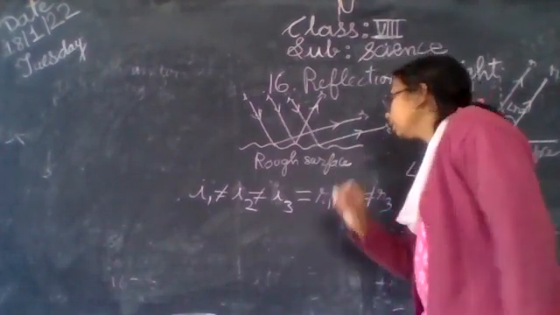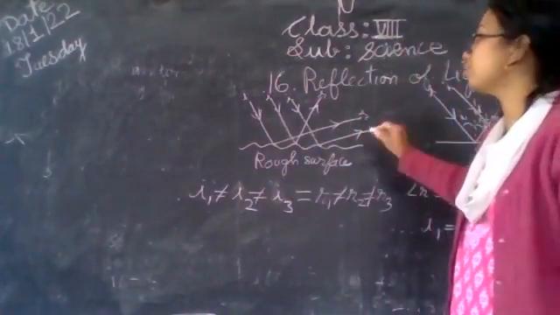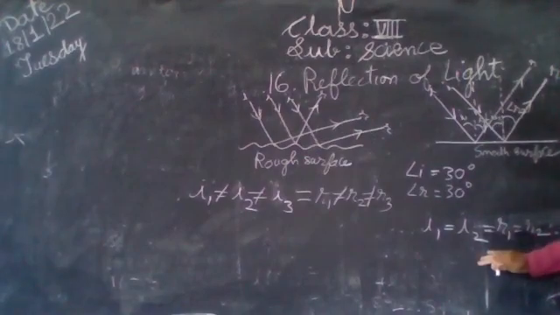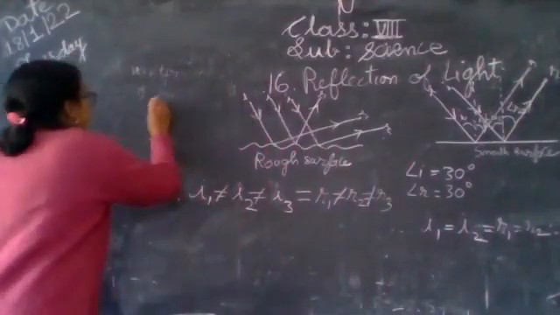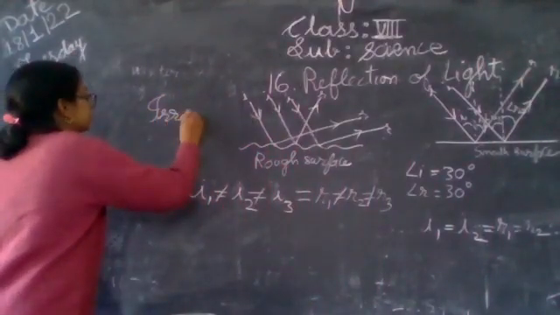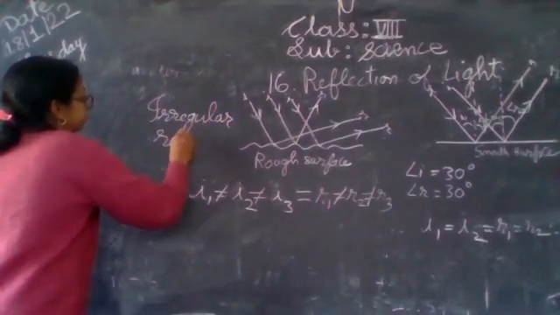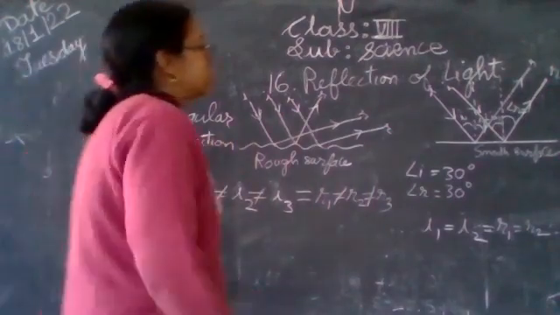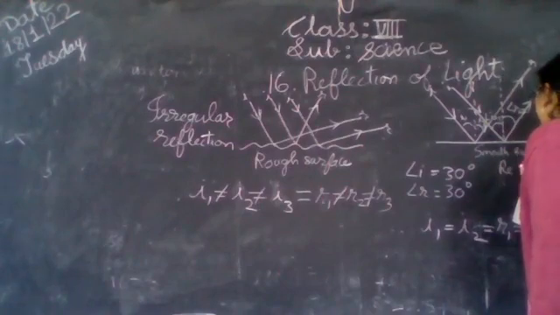angle of reflection 3. This is the condition for a rough surface, and for a smooth surface they are all going to be equal. So we can say that this is the irregular type of reflection, and for a smooth surface it is regular reflection.